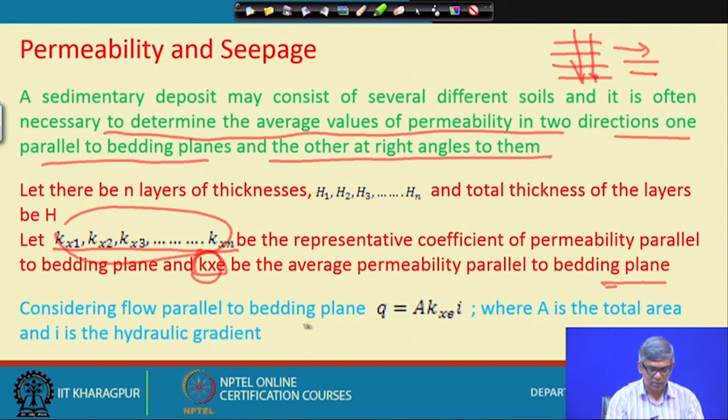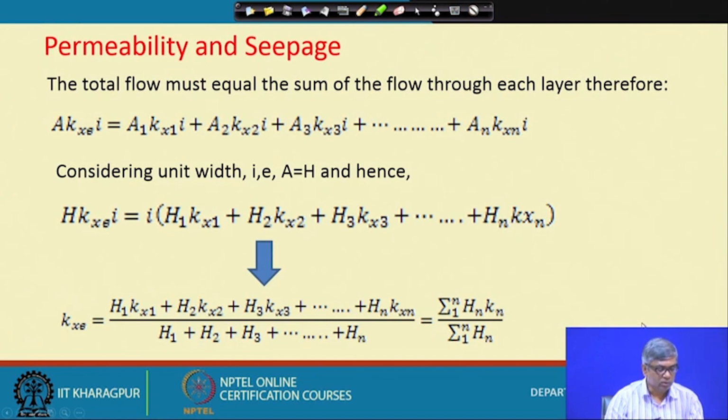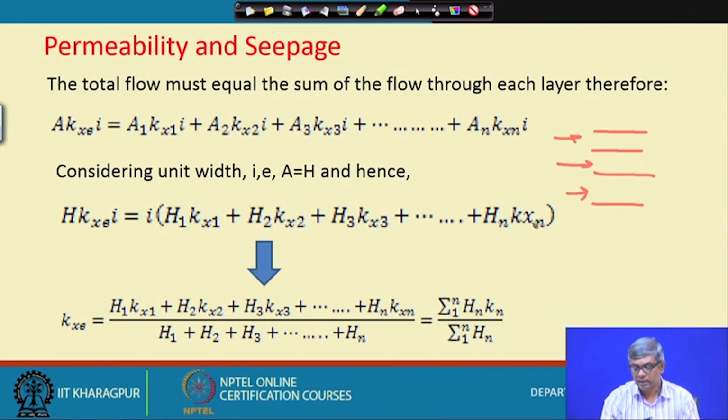So different layers having different permeability, I have to find out the equivalent. I am assuming this is equivalent and these are the respective values. Considering flow parallel to the bedding plane, Q will be equal to A Kxe into i, if I convert into an equivalent layer, where A is the total area and i is the hydraulic gradient. Now the total flow must be equal to the sum of the flow through each layer. Suppose there are a number of layers, flow is taking place like this, and then flow Q1, Q2 plus Q3.